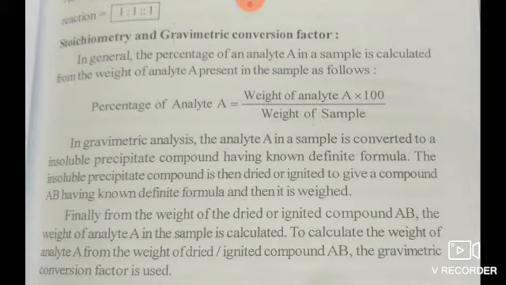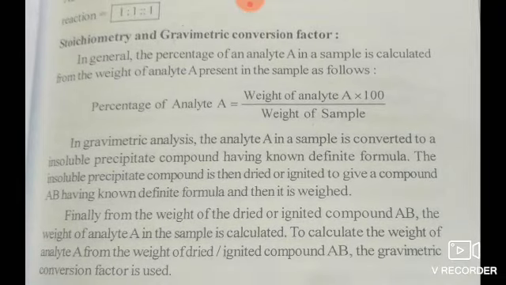If you want to calculate the percentage of analyte A present in the sample, it is determined as: percentage of analyte A is equal to weight of analyte A into 100 divided by weight of sample. So one can determine the percentage of analyte A by using the formula: percentage of analyte A is equal to weight of analyte A into 100 divided by weight of sample.